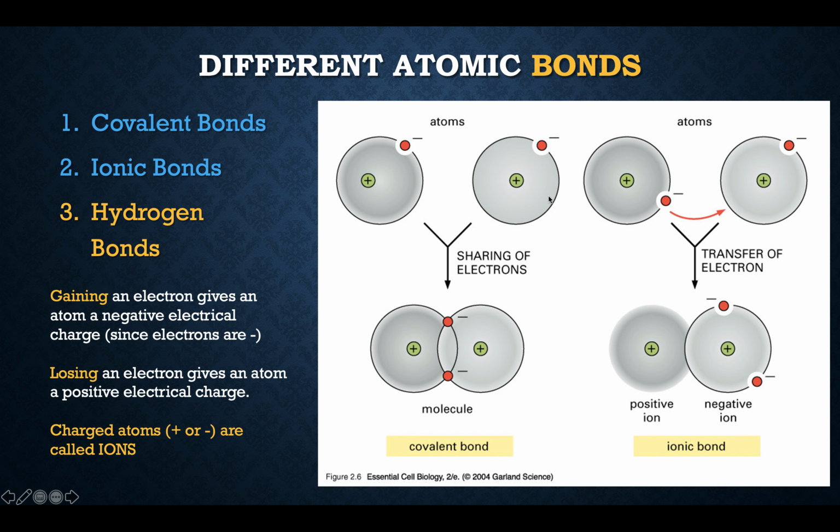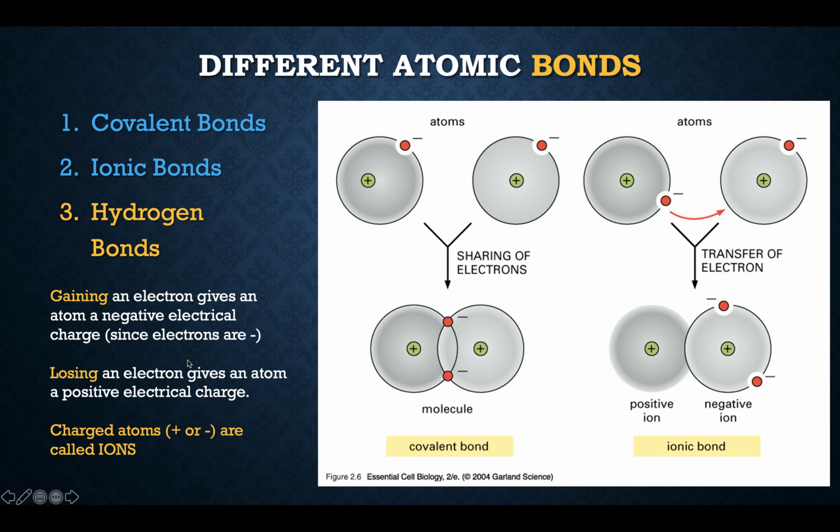So you can see that here. Electrons aren't transferred, they're simply shared between the 2. So that's called a covalent bond. A second type of bond is known as an ionic bond. And this is where 1 atom will gain an electron and 1 will lose an electron. So gaining an electron gives an atom a negative electrical charge, because remember, electrons are negative.